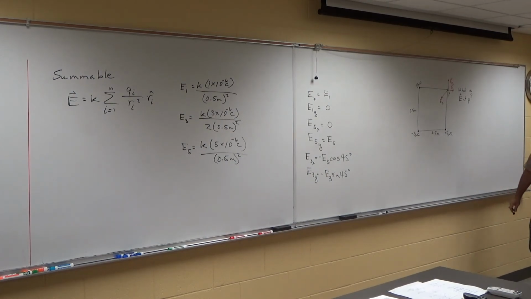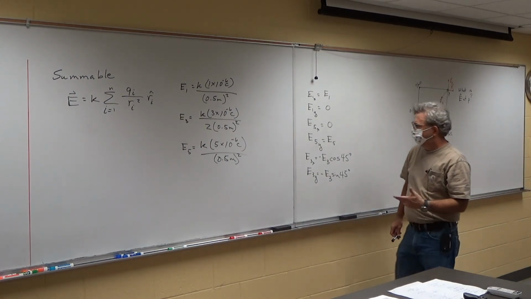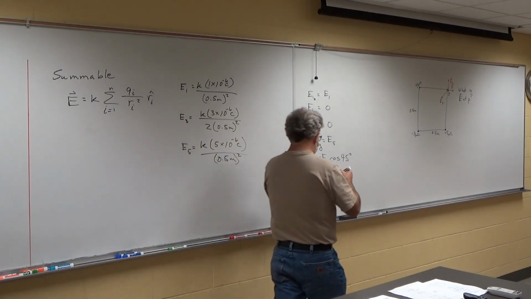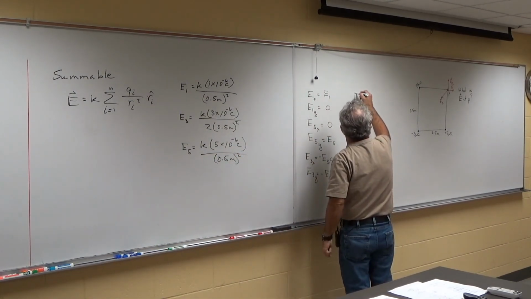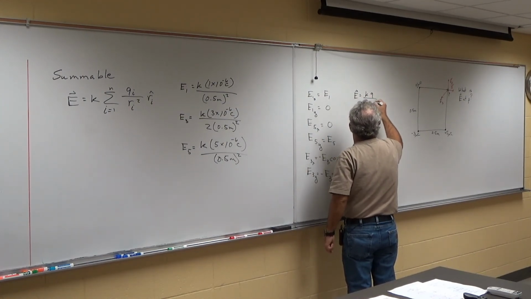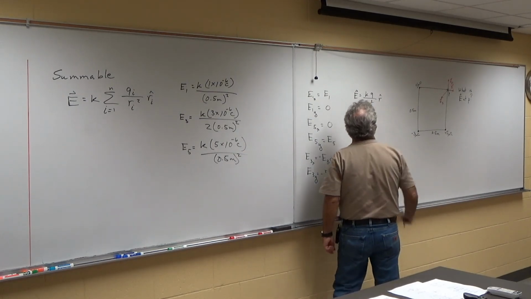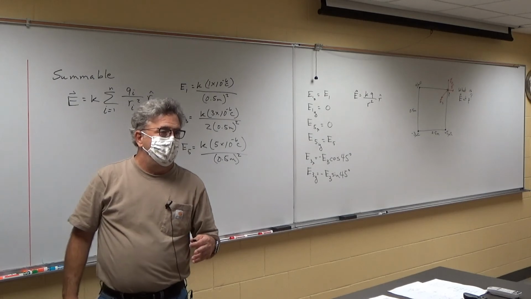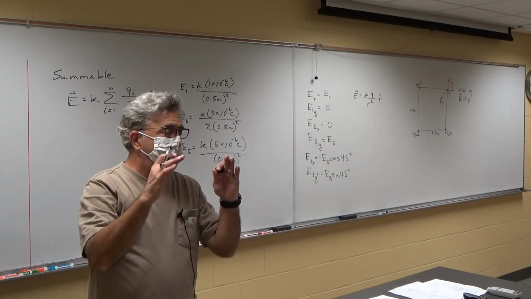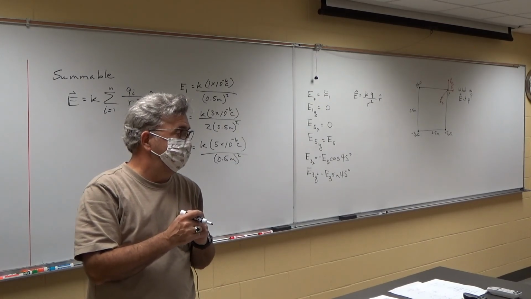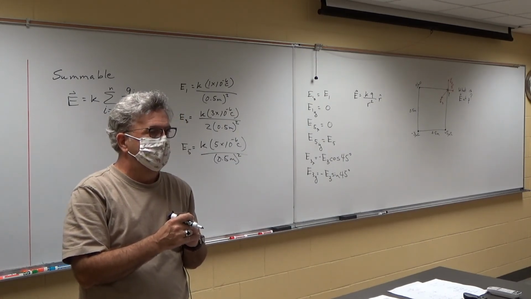All right. Now, this is the equation that I keep using. Q over R squared, R hat. So what we're going to do is use that idea to find, like I said a little while ago, the electric field due to continuous distributions of charge.